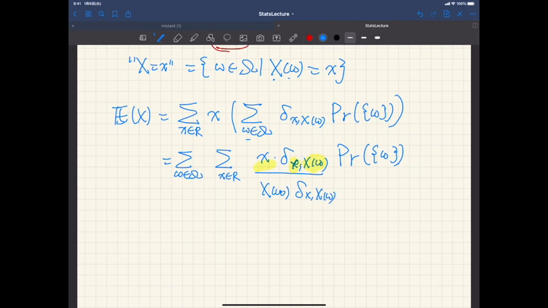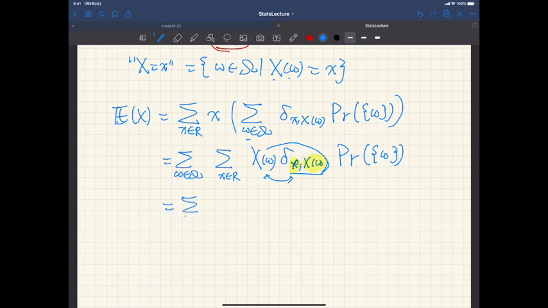Because only when this value and this value are equal, this has meaning, right? Otherwise it's 0. So if they are equal, then we can replace this lowercase x with this uppercase x of omega, right? So let's do it. Instead of this, we write x of omega here. Then change the order.